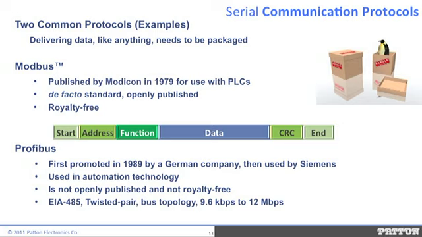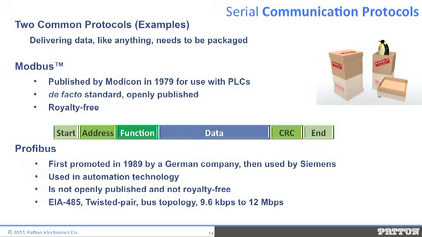This is a common theme when looking at the various industrial communication protocols. That is, designing a more efficient protocol for specific industrial purposes, such as real-time control, or even more specifically, real-time motion control. Consequently, Profibus was designed for a slightly different industrial market application than was Modbus.